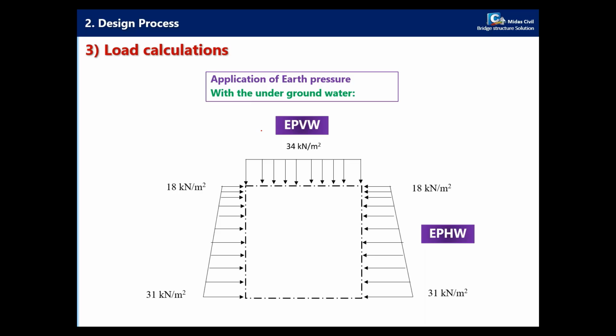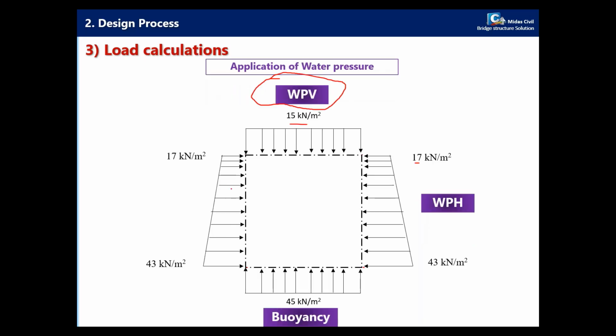Also using the previous formula I showed you, you can get this value easily. For the case of the water pressure also, as I showed you the formula, you can use them to get this value, but you need to respect the center line of the structure where we are going to apply the loading. That's really important. You must not forget that.